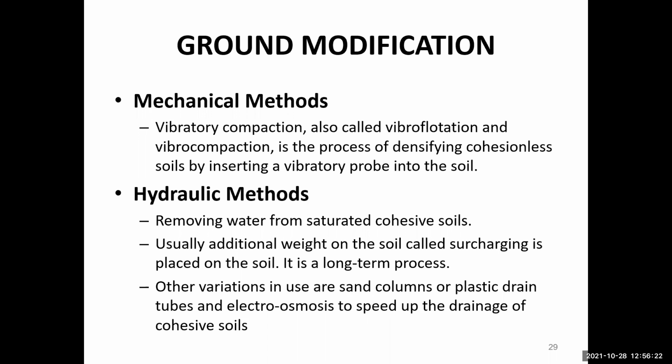The sands help to absorb the moisture from the adjoining soils, so the process of removing moisture from the soil is improved. Also the electro-osmosis process is used. So some electrical signals are placed into the soil that also help to move the water out from the area.